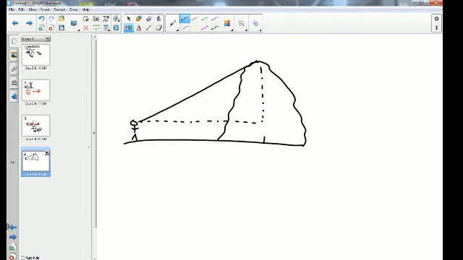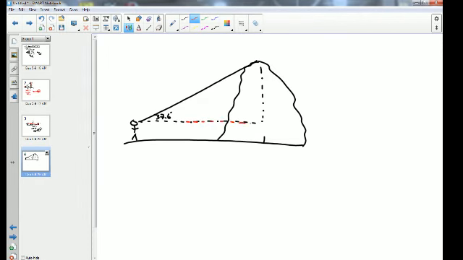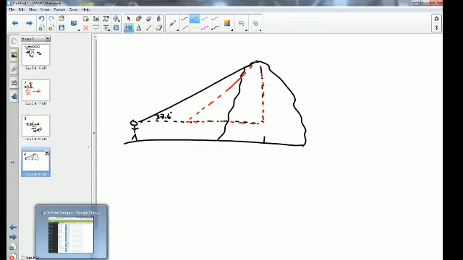Okay, we'll call it 37.6 degrees. So you need that, and then you also need a second angle.